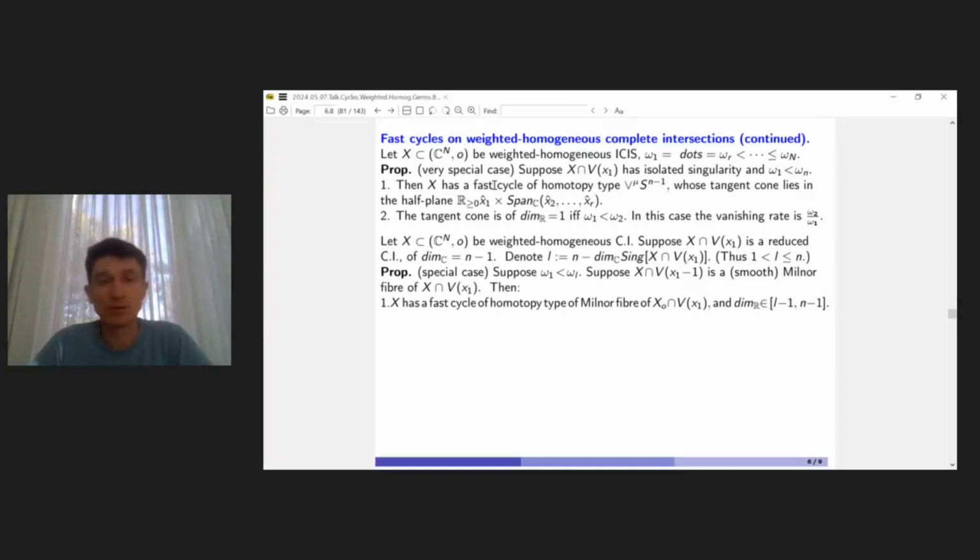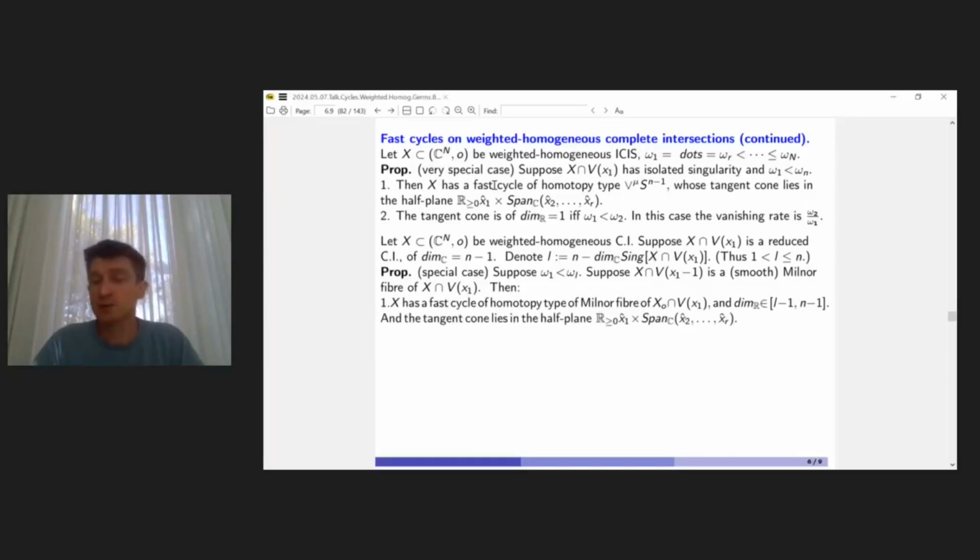And actually you could see this Milnor fiber in the previous case. You see the wedge of spheres. This is the Milnor fiber in the isolated case. Now the Milnor fiber could be different, not just a wedge of spheres of the same dimension, but it has some homotopy type. The dimension of the fast cycle, here we have control, and we cannot improve it much more because Milnor fibers can have different homotopic dimensions in the non-isolated case.